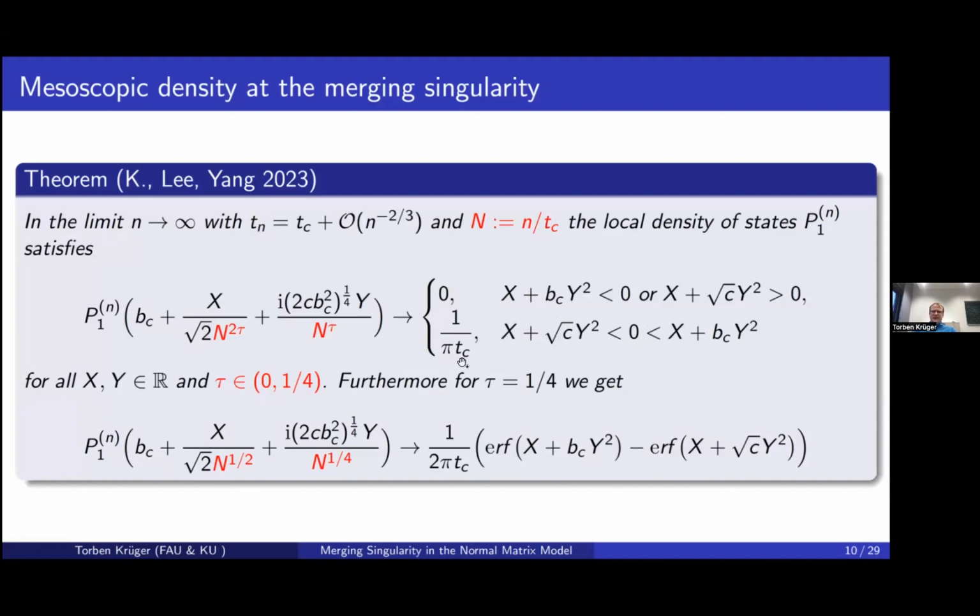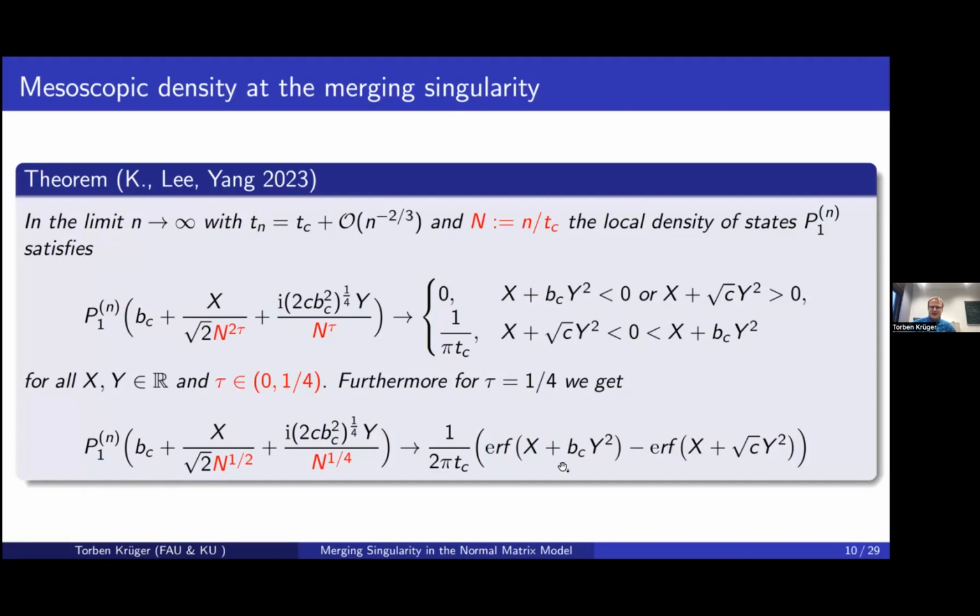And then you can push this a bit further, and this is where it gets interesting. So if your tau is exactly 1/4, then you're quite close to the singularity already. You're on the scale n to the -1/4 in the y direction, but in the x direction, you are n to the -1/2 away from the critical point. Then you get a non-trivial profile.